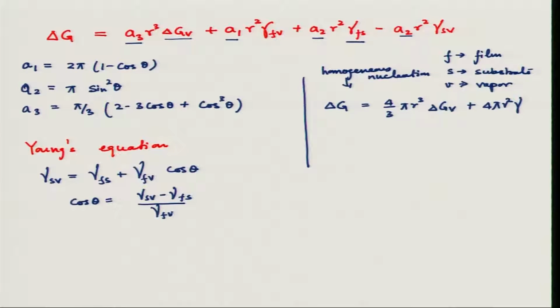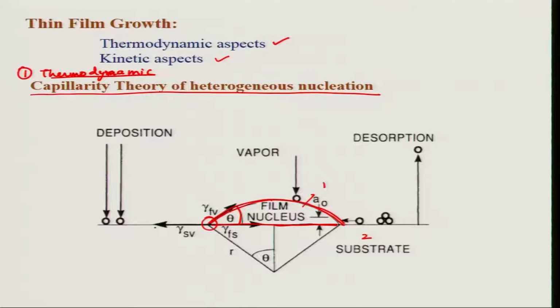Now let us go back to this diagram once again. We can write this expression again here. Gamma SV should be equal to gamma Fs plus the cos component of gamma Fv, cos theta, if we have force balance in the x direction.